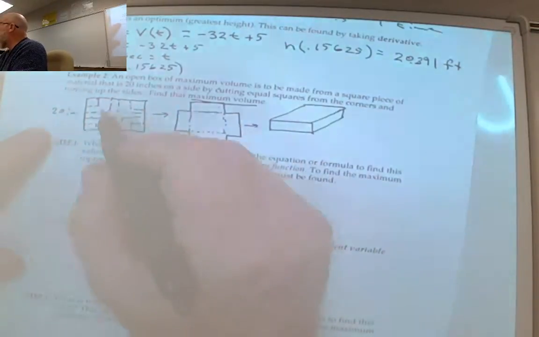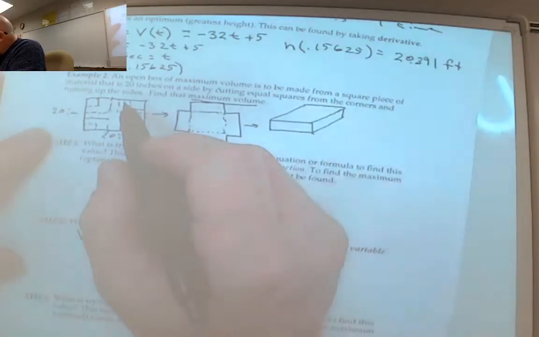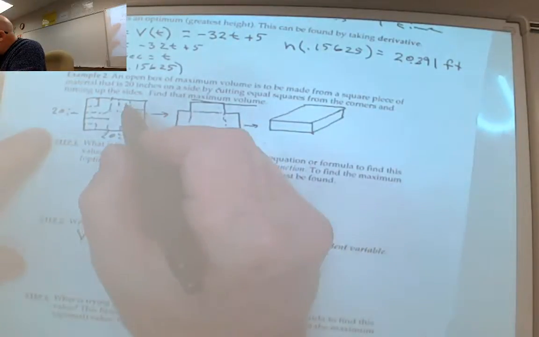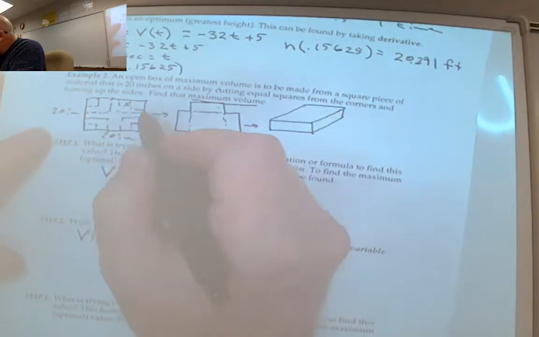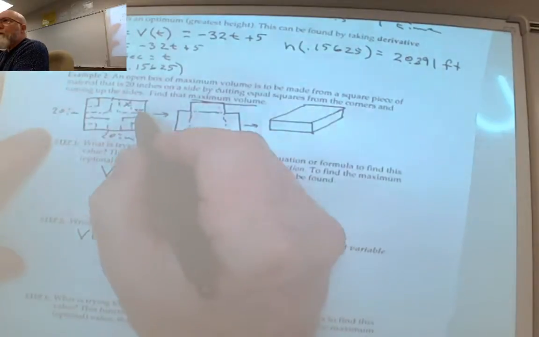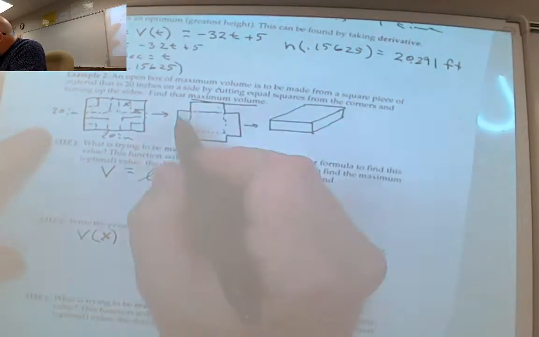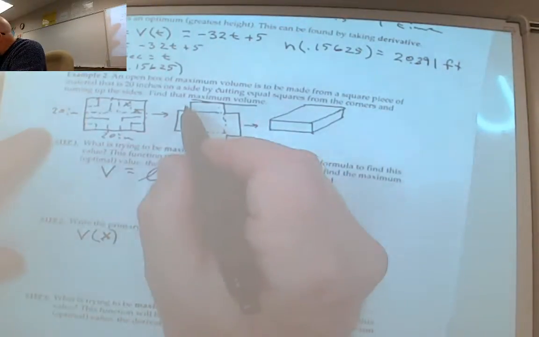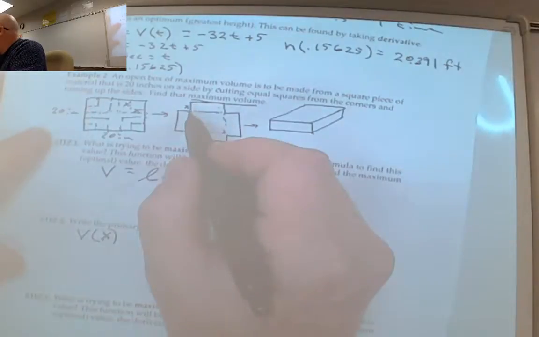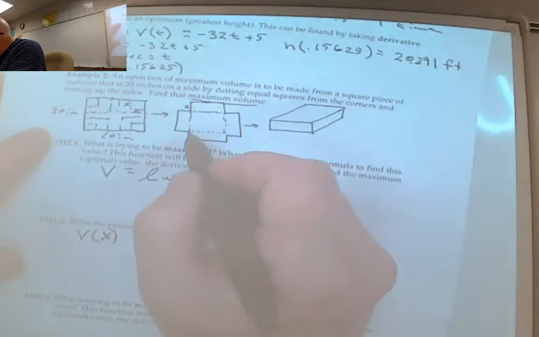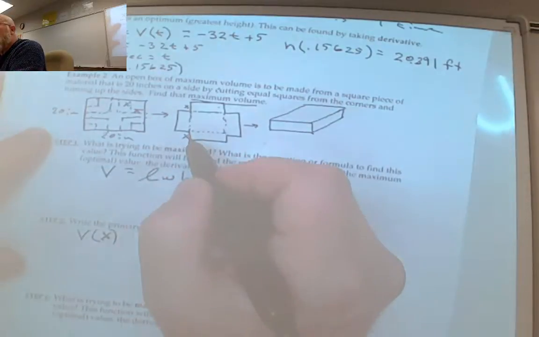Would you agree? And so what I did, since they're the same size, those squares, I'm calling those squares x by x. So this distance is x from here to here. Would you agree? And it's x from here to here, right?